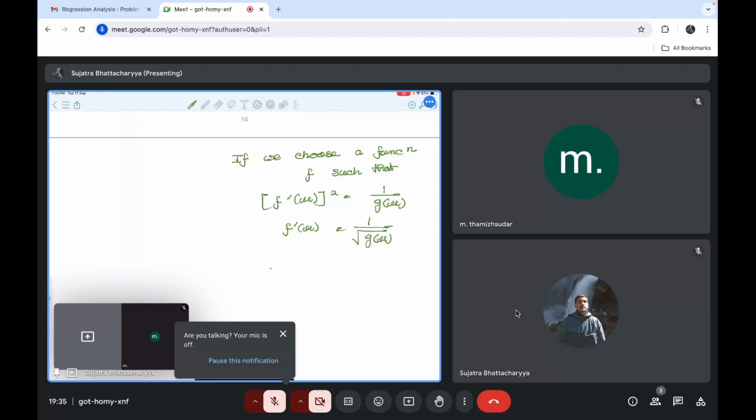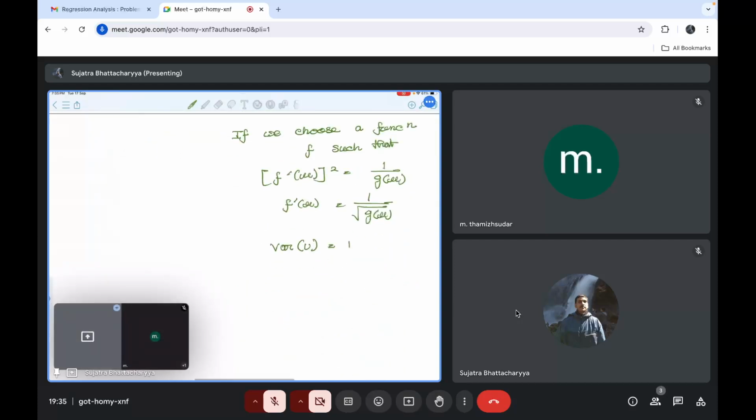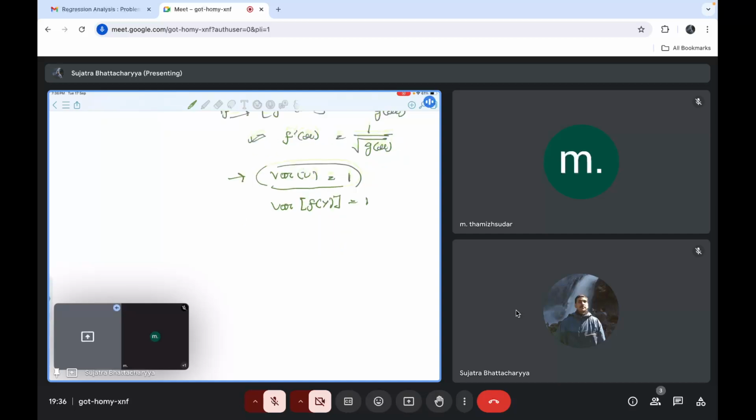And so the variance of u will be what? I have written f dash mu square is 1 upon g mu. So variance of u will be what? 1. If this is true, then this will be true. Variance of u is a constant, okay? Or variance of f of y will be a constant, which is 1. Okay, so this is what the thing is.